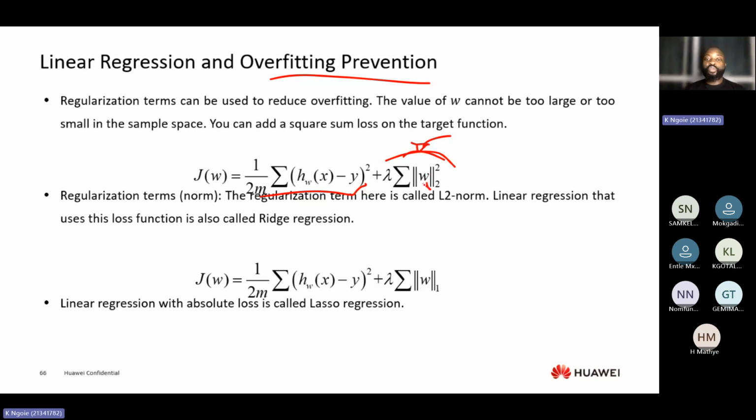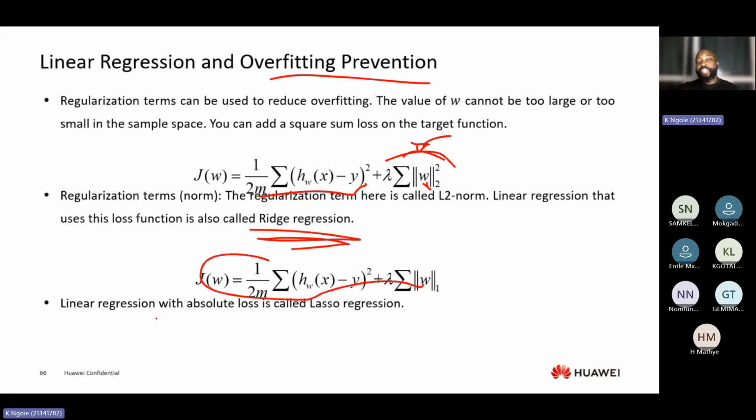So to regulate, we have two norms: the L1 and the L2 norm. Now in linear regression, the regularization norm that we're going to use is what we call ridge regression, which is the loss function that is used.